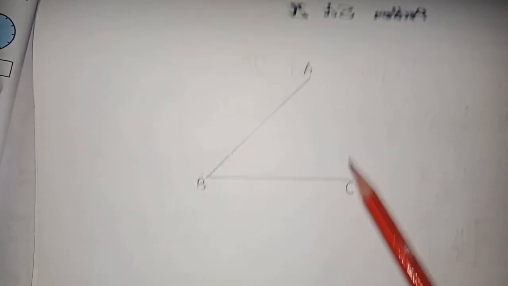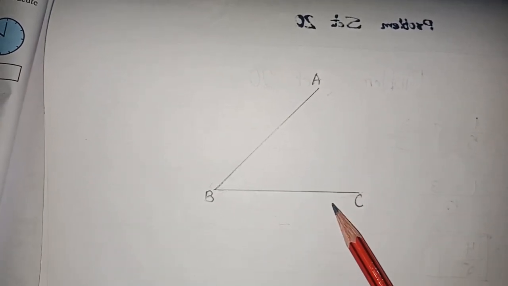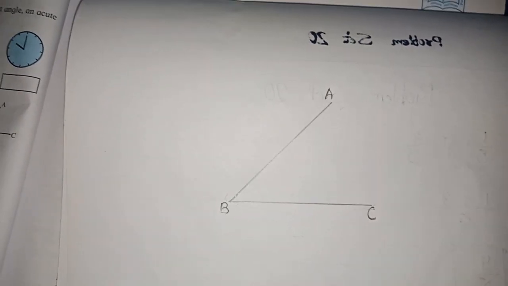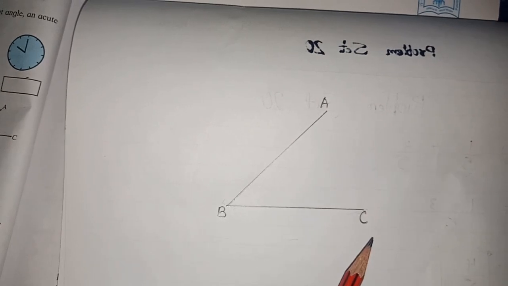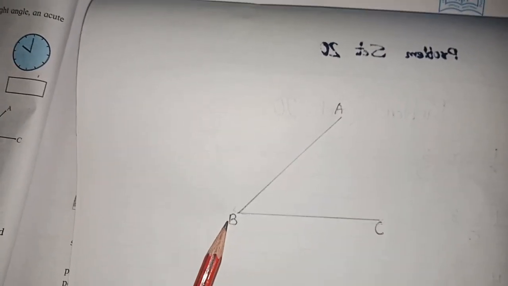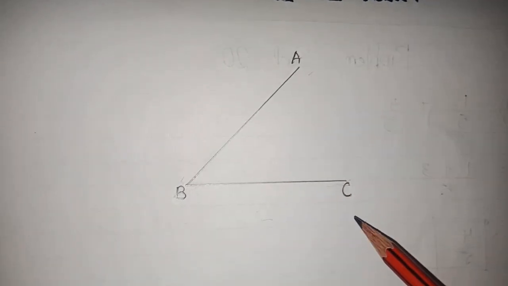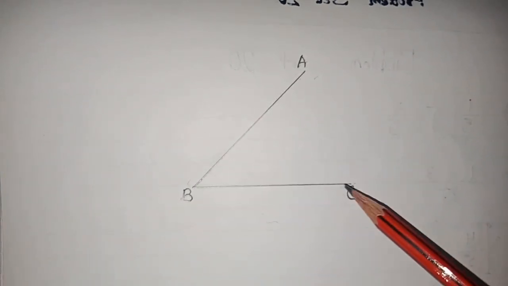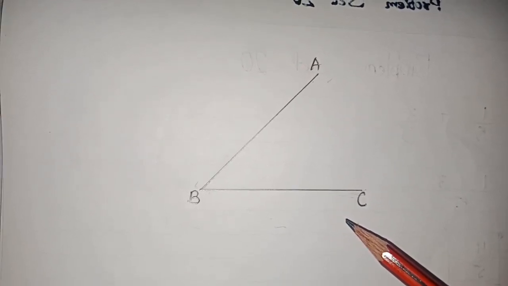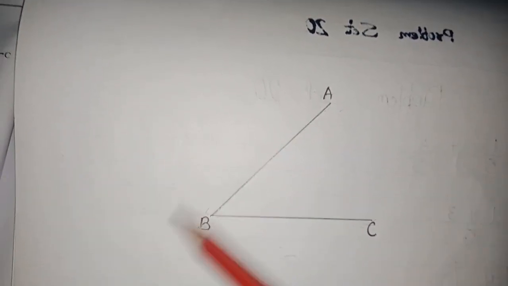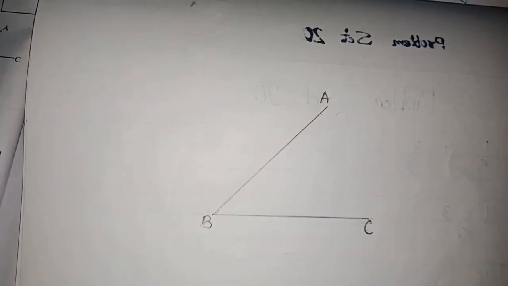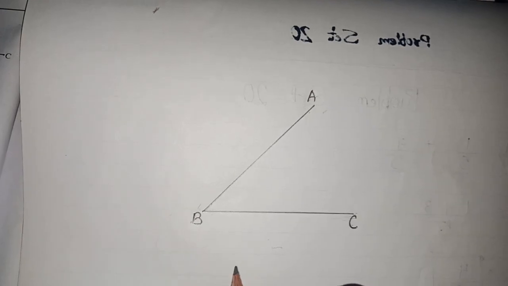Now what is the name of the angle here? An angle is named by three letters. The letter in the middle represents the vertex of the angle. The name of the angle is ABC, right? While naming the angle, we say angle ABC. Okay? How we write?